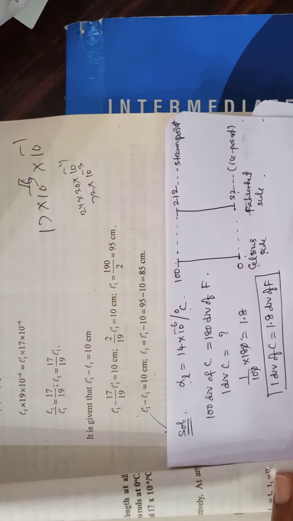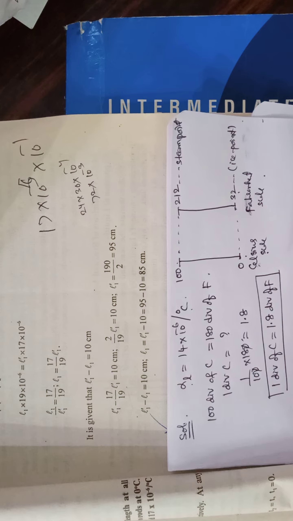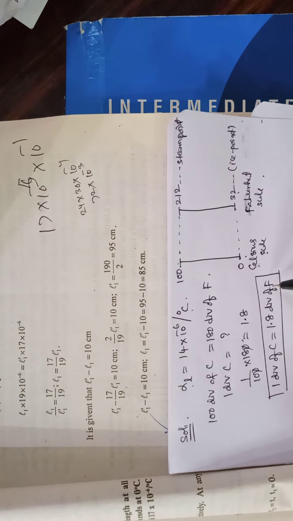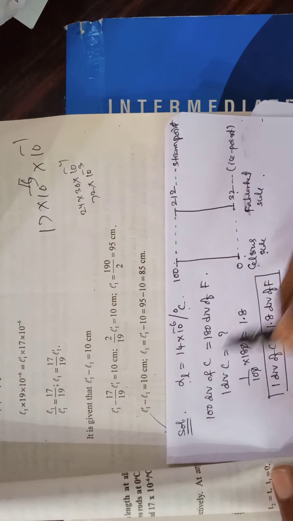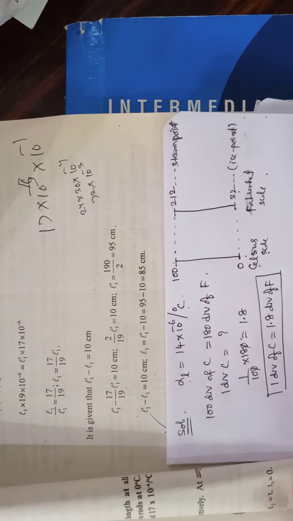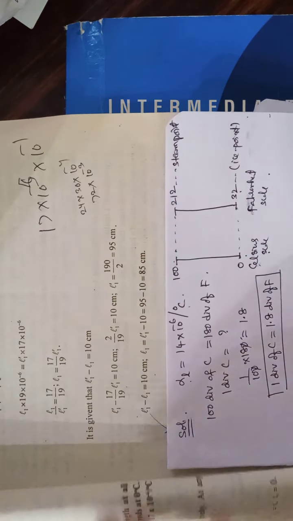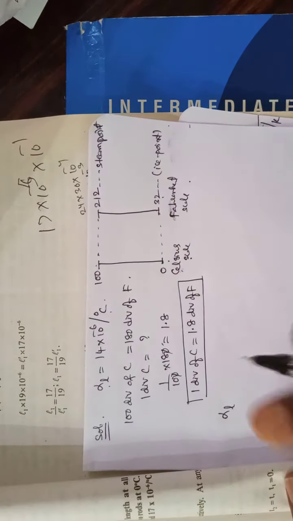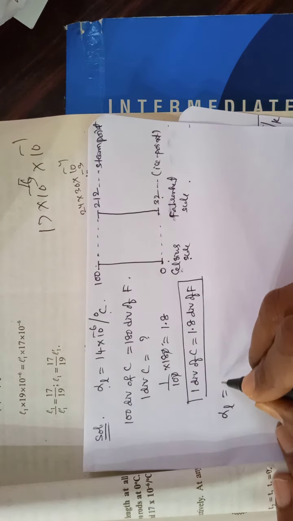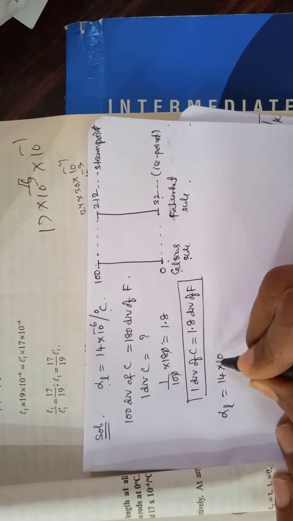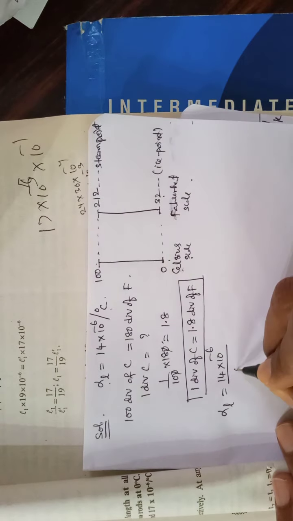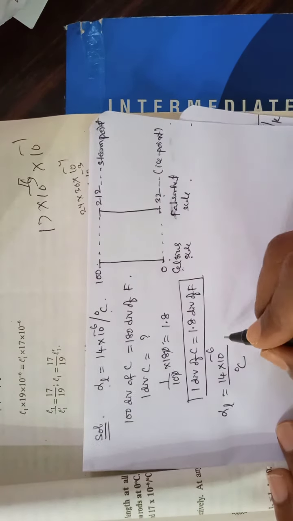So we are comparing the unit size of Celsius with that of Fahrenheit. So now here alpha L is equal to 14 into 10 power minus 6 by degree centigrade, that is given in Celsius.